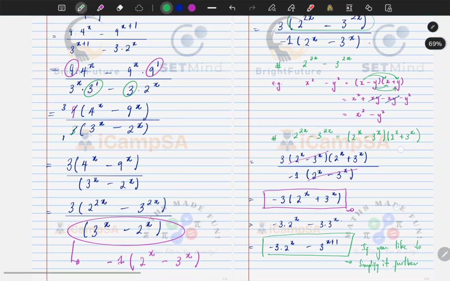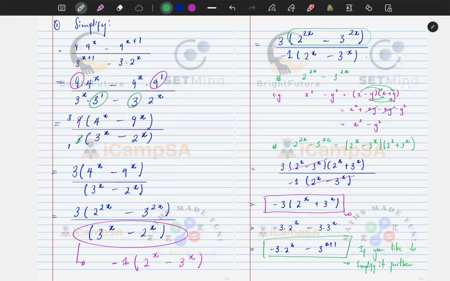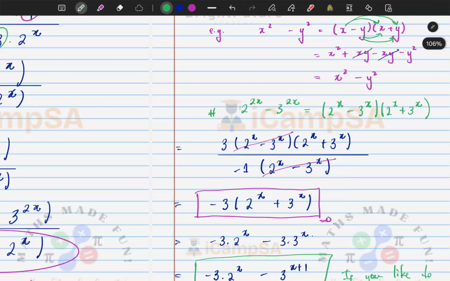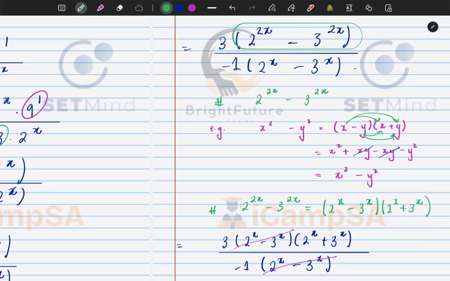So this was a very interesting question. It was just testing your understanding of exponents more than anything, and also your application of difference of two squares. It's an application question more than anything.